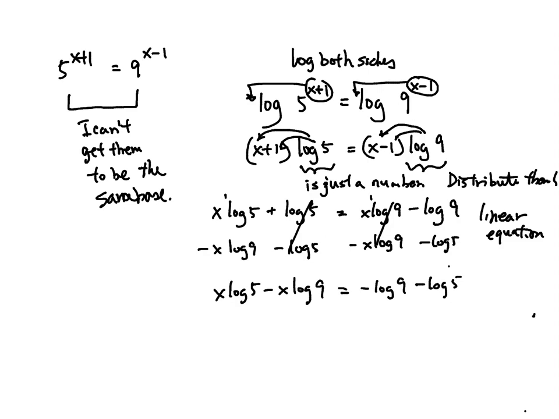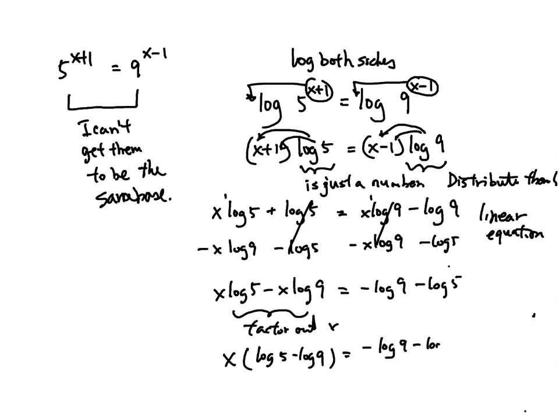And from here, what I can do is factor out x. So I get x times log of 5 minus log of 9 equal negative log of 9 minus log of 5.